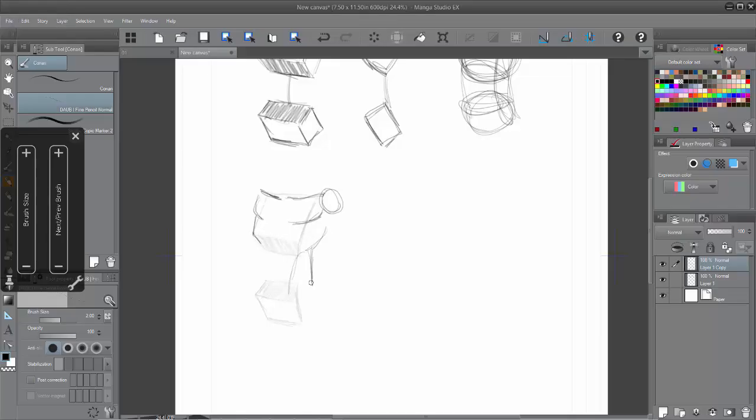So you'll have to keep that in mind whichever way you decide to represent your rib cage and what have you.